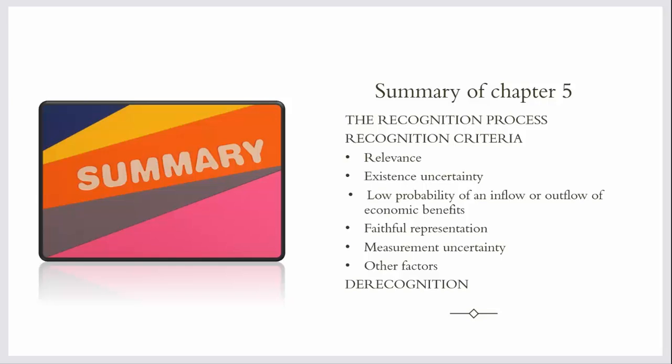Simultaneous recognition. Recognition of one item often necessitates the recognition or derecognition of another. For instance, recognizing income may involve recognizing an asset or derecognizing a liability, while recognizing expenses may involve recognizing a liability or derecognizing an asset.